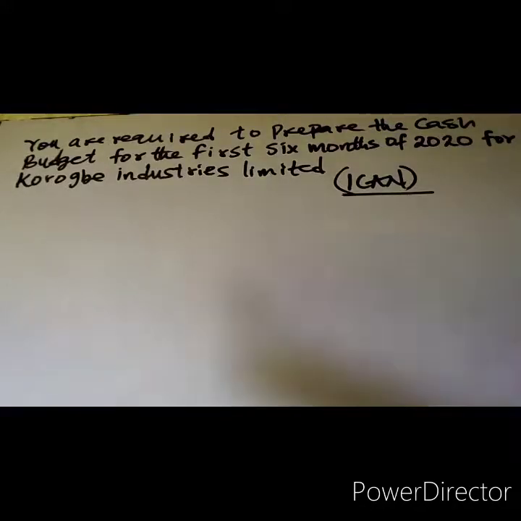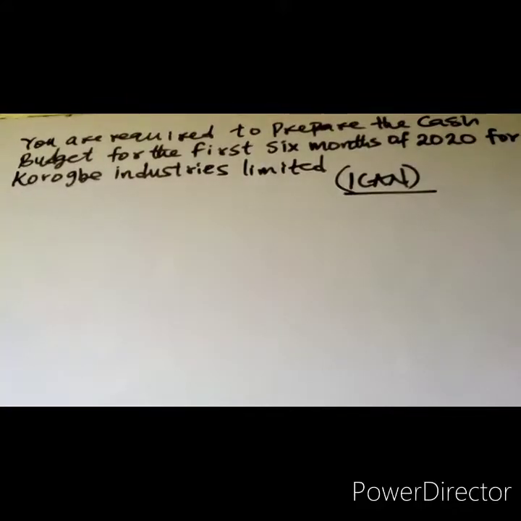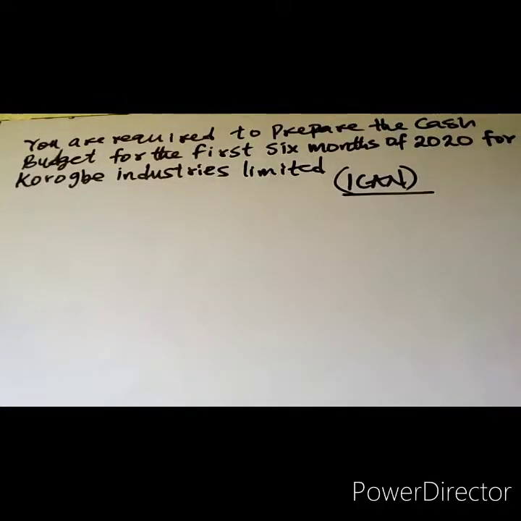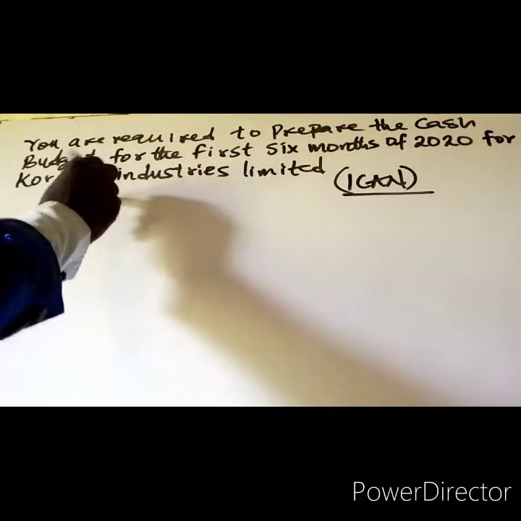You are required to prepare the cash budget for the first 6 months of 2020 for Korogbe Industries Limited. This question is obtained from ICAN past examination questions, modified. Now, solution.